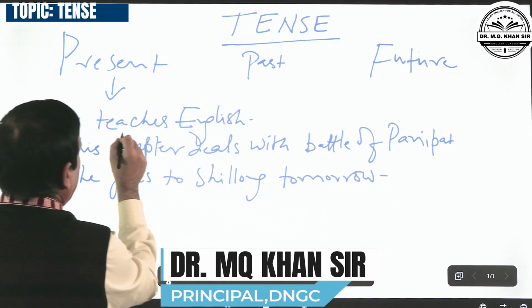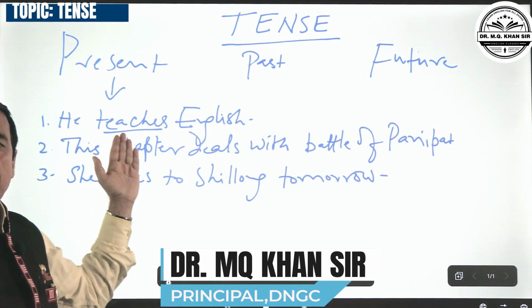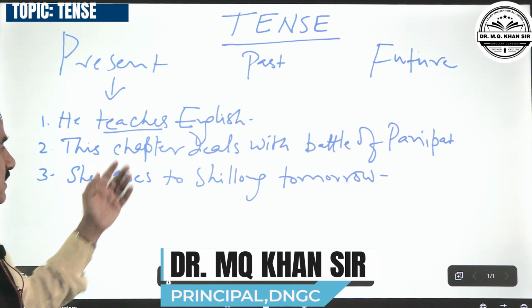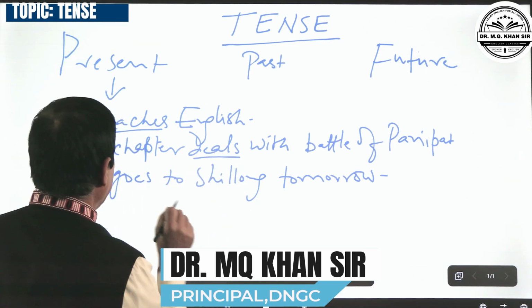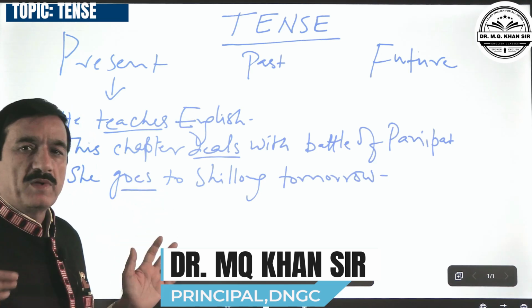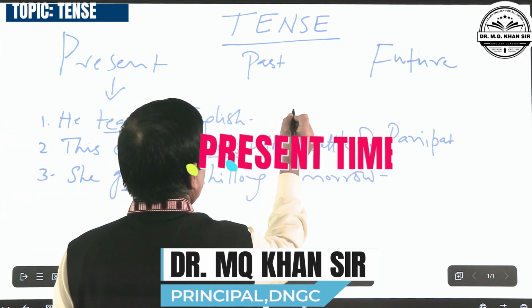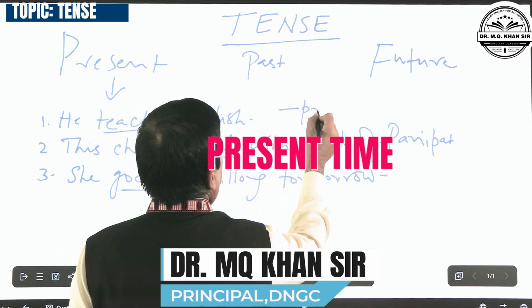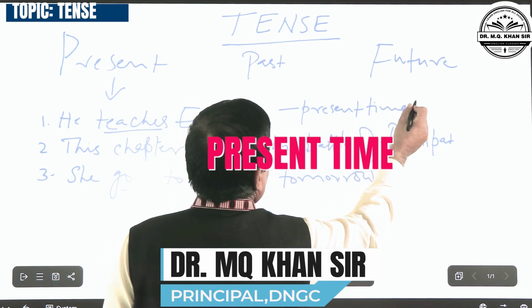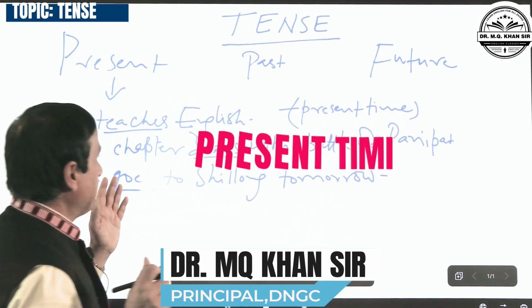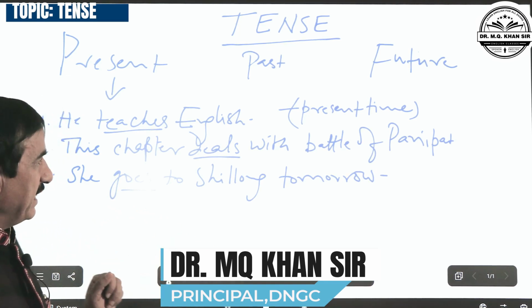So you see, here, he teaches. What is the form of verb? Simple present, and here also simple present, goes also simple present tense. Yet the first sentence talks about present time, tense also present, and time also present. He teaches English. This implies at present he teaches English.